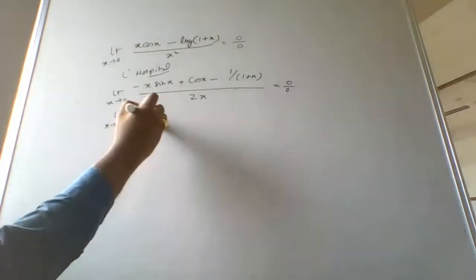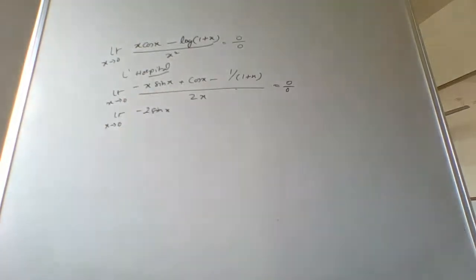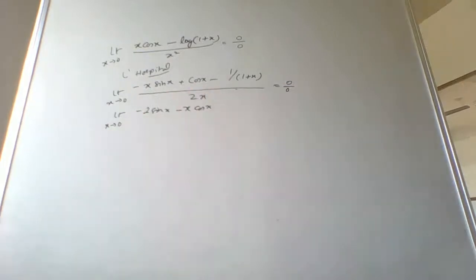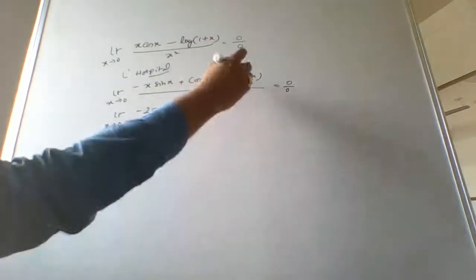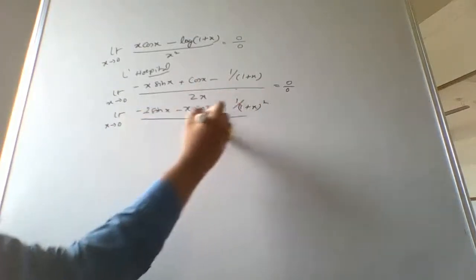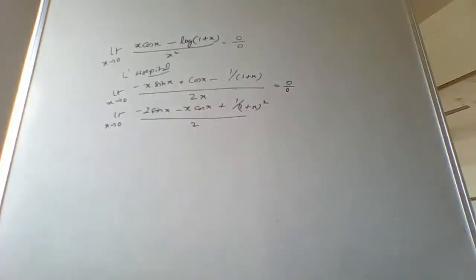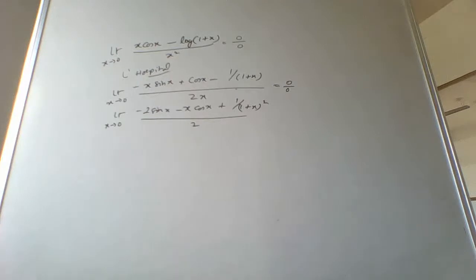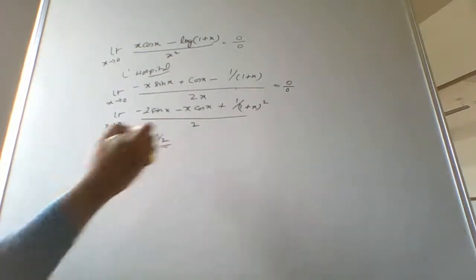So I get minus 2 sine x minus x cos x, plus 1 by 1 plus x whole square, divided by 2. Now when you substitute x as 0, sine 0 is 0, cos 0 is 1, and the minus x cos x term will be 0. So I'll have 1 in the numerator and 2 in the denominator. So this leads to 1 by 2.